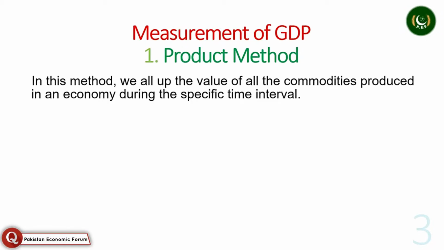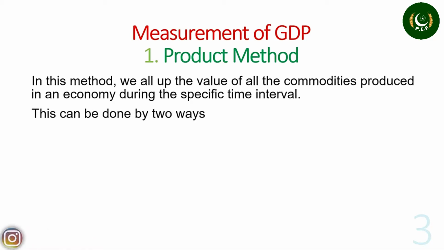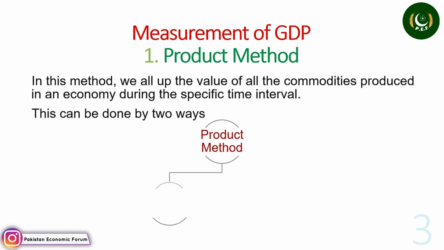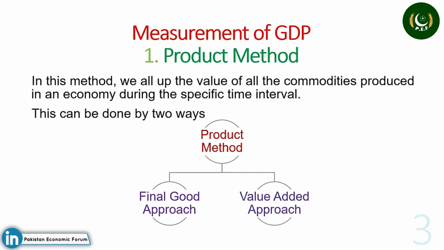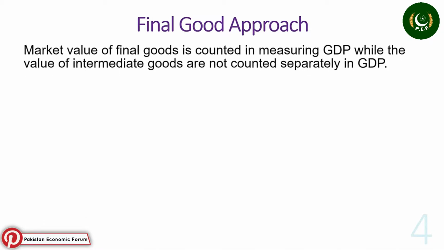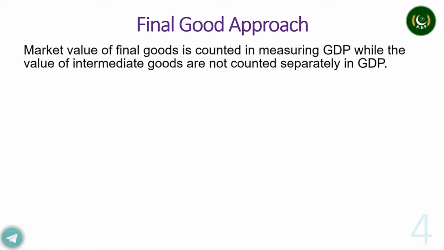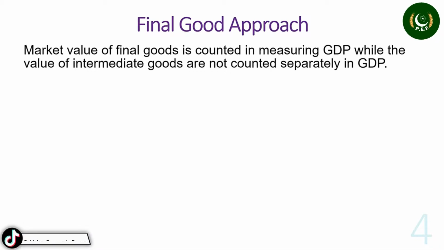The GDP in the product method can be measured in two ways. First is the final good approach and second is the value added approach. In the final good approach, we only take the market value of final goods while measuring GDP, and the values of intermediate goods are not counted separately in GDP.